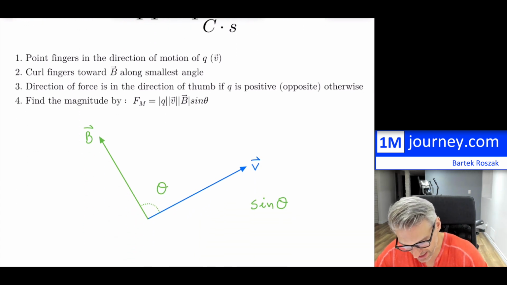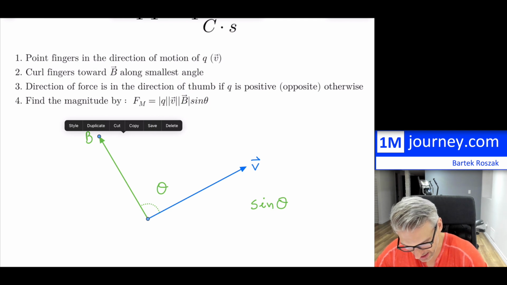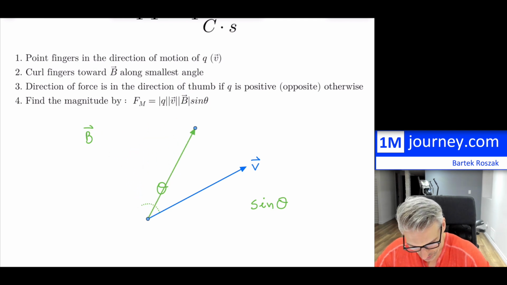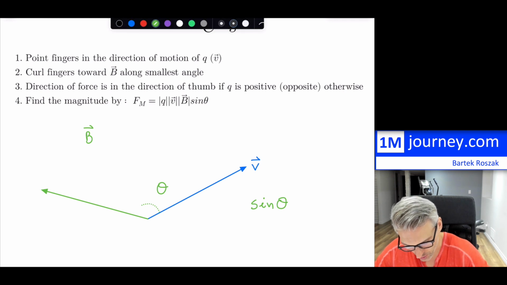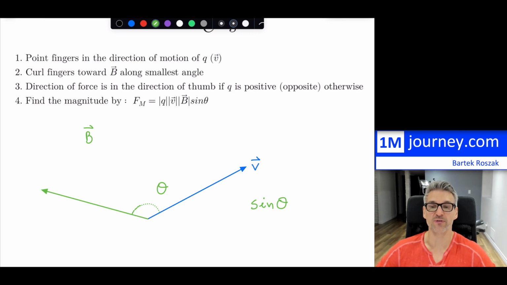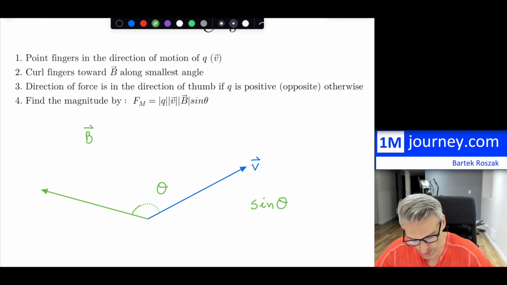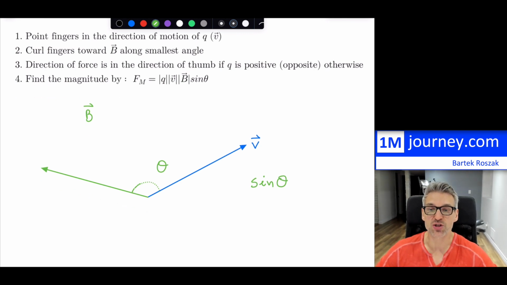Now, this angle can be anywhere. It can be very acute, much bigger, or also obtuse. So here, a little note on when it is obtuse. As you're going through, which angle should you be using? You always choose the smallest angle.